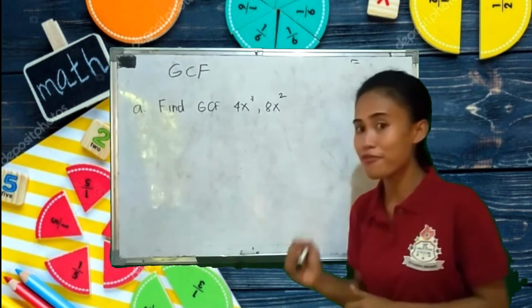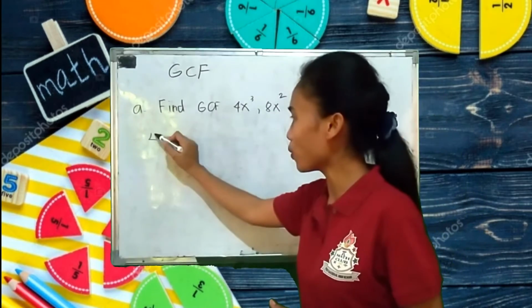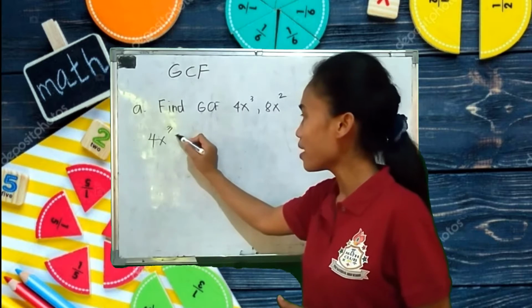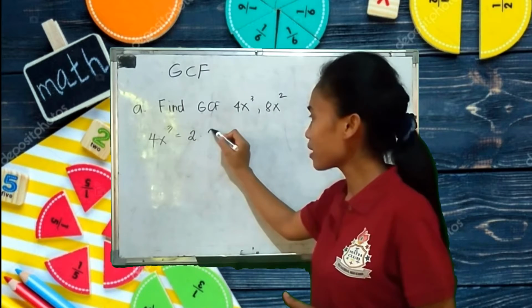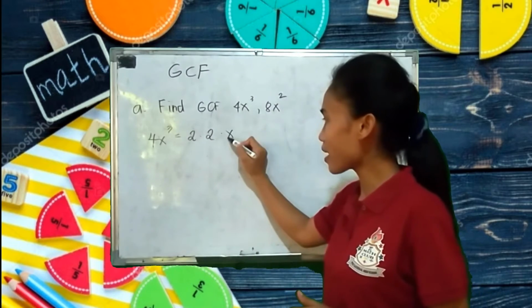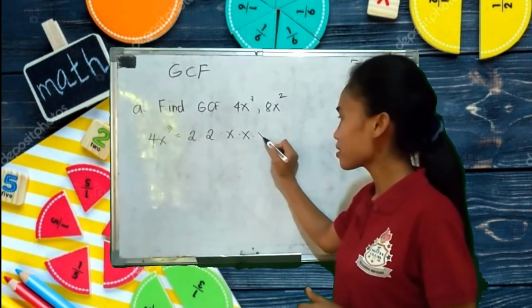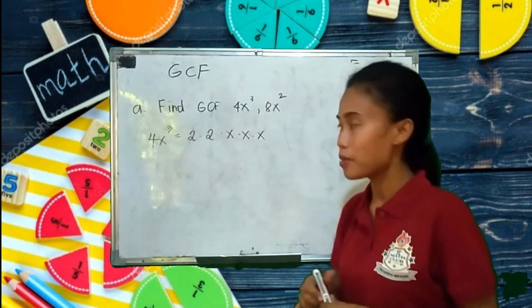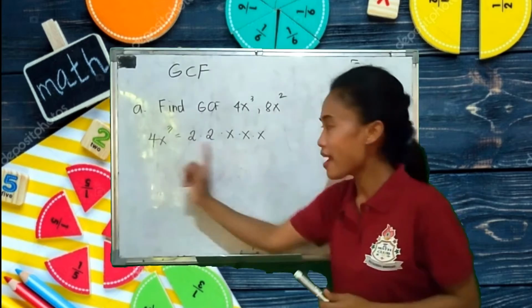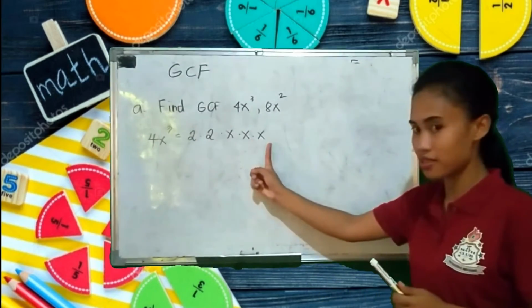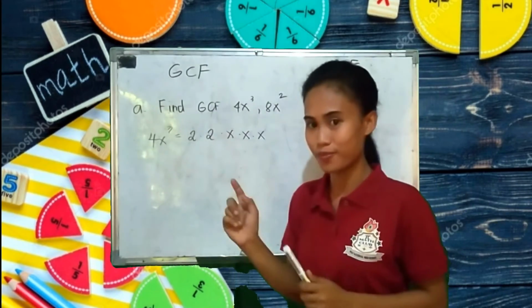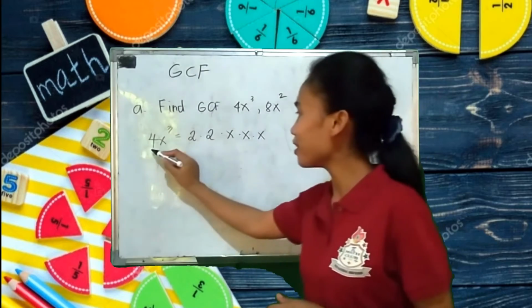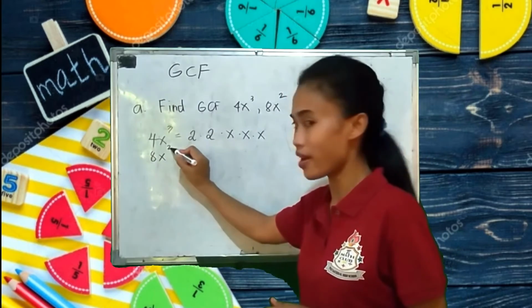By prime factorization, 4x cubed is equal to 2 times 2 times x times x times x, because 2 times 2 is 4 and x times x times x is x cubed. The second monomial is 8x squared.